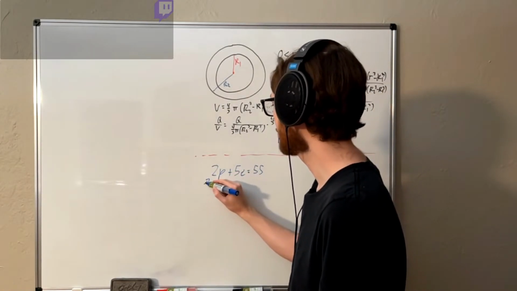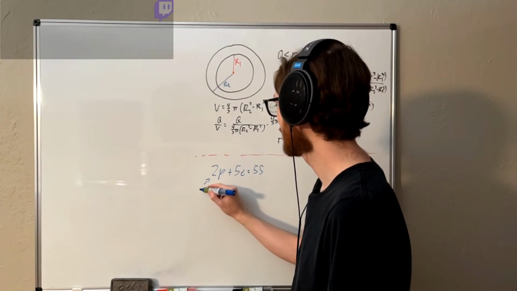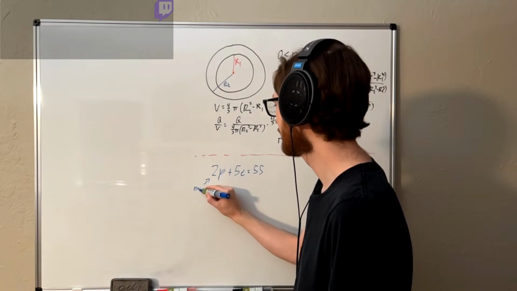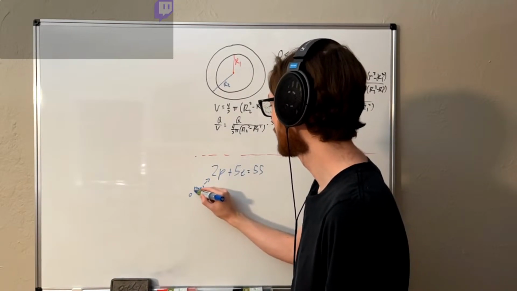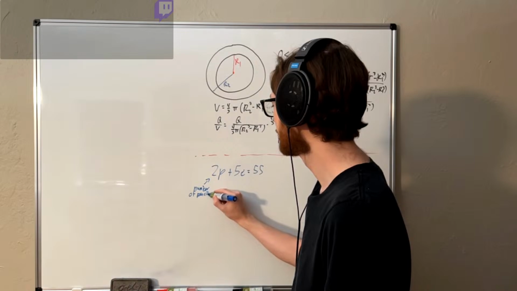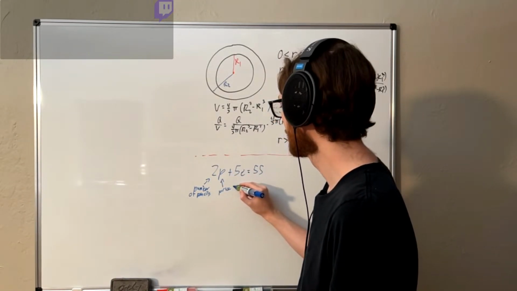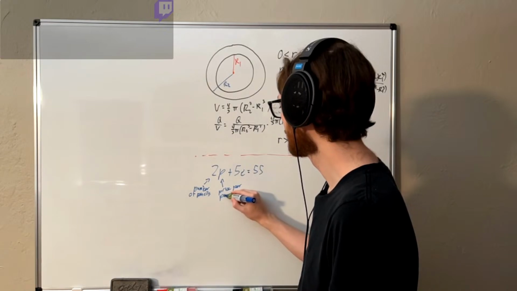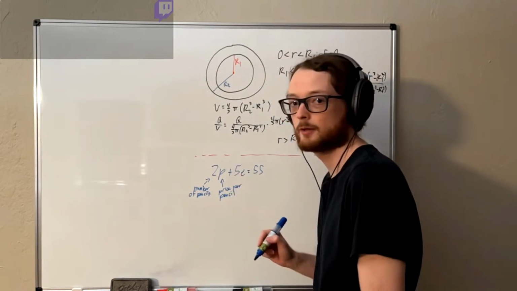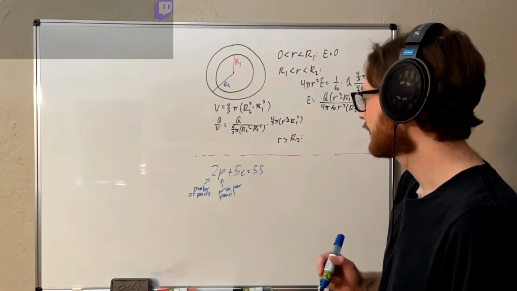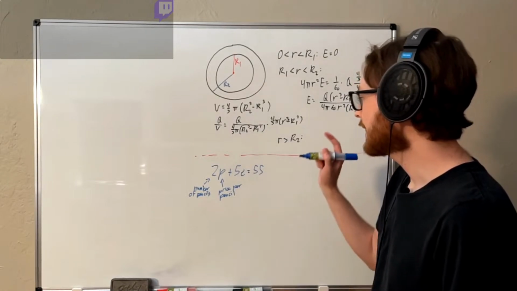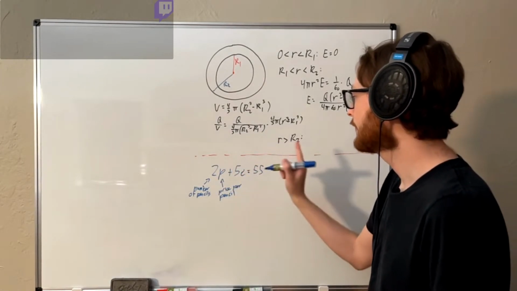So this is, you know, the 2 is the number of pencils. The p is the price per pencil. And same thing here with the eraser. So, you know, if you add up the cost of the pencils and the cost of the erasers, you get 55.